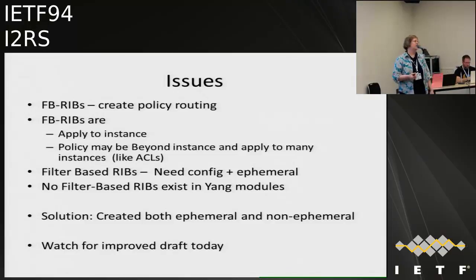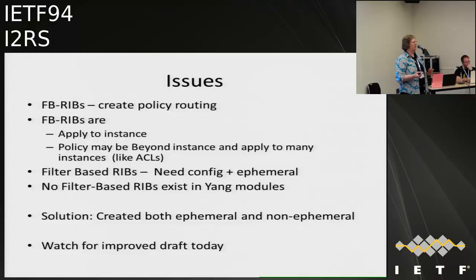So I went to look, and this is for Mahesh or Mehmet, I went to look for filter-based ribs in the netconf netmod. Don't invent if you can use something from our colleagues in netmod or netconf. There isn't anything. Martin, if you know of something, leap up and I'll do less work.